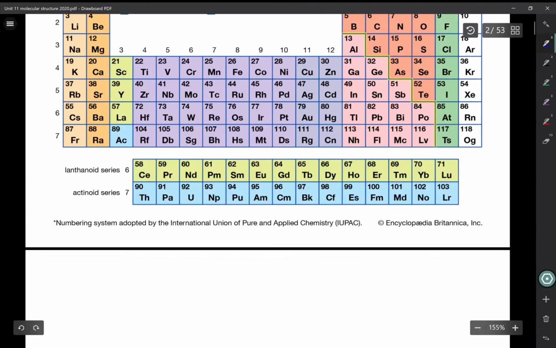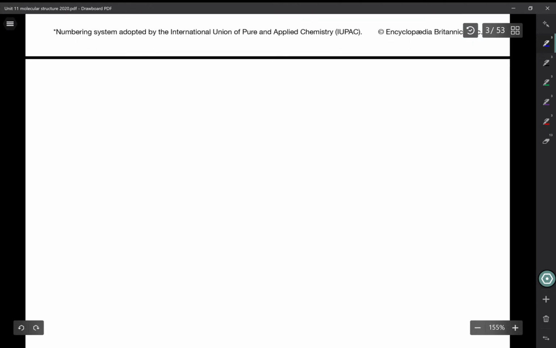All right, so if you remember, if you look at your electron configuration for, say, oxygen, which has 8 electrons total, it is 1s2, 2s2, 2p4.